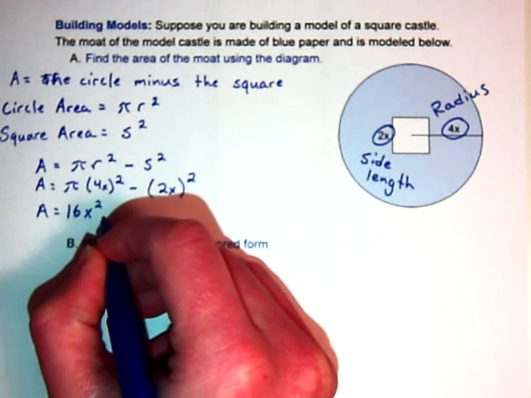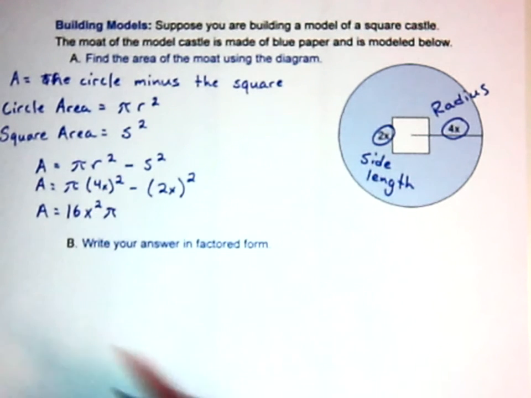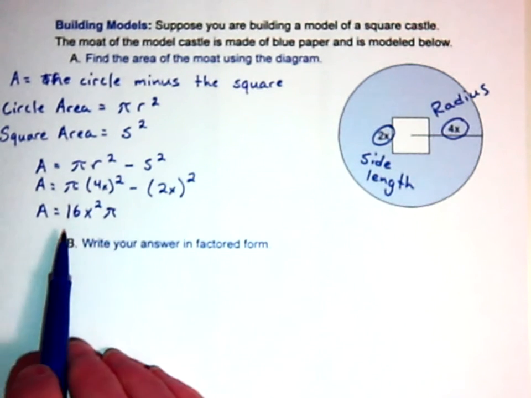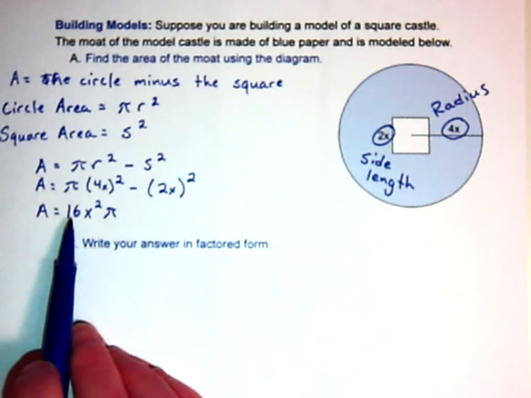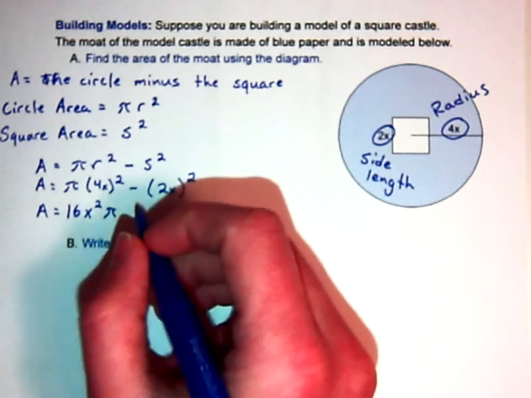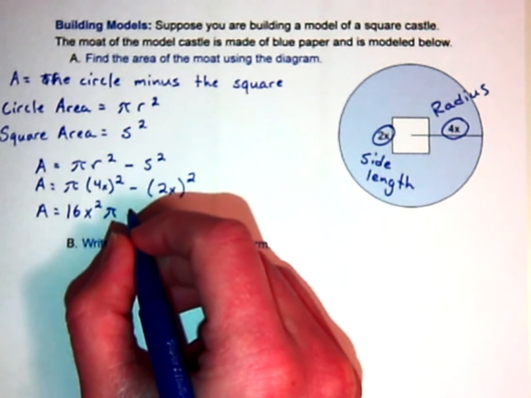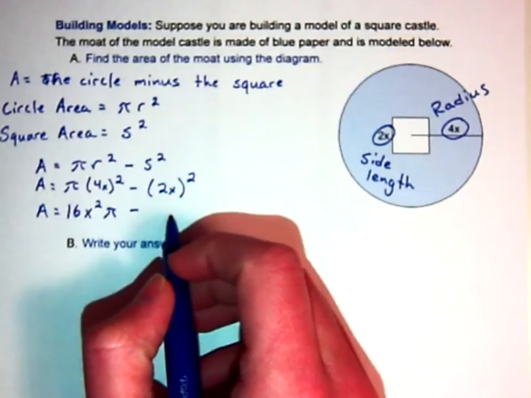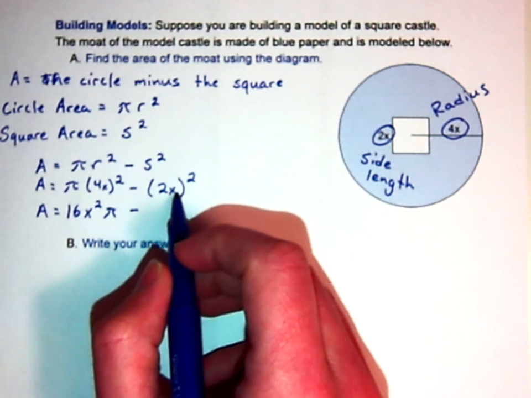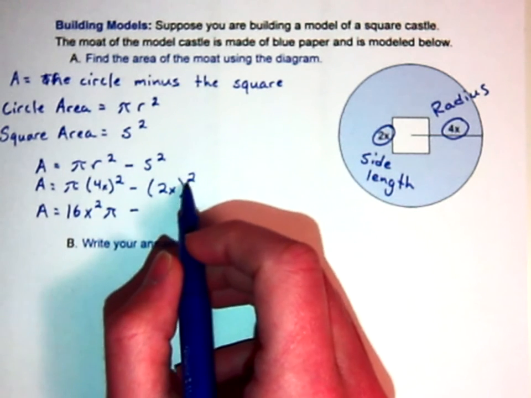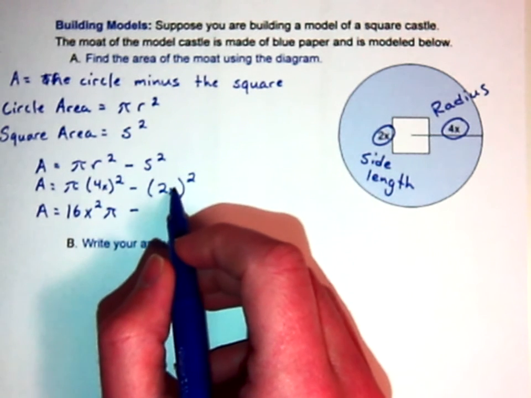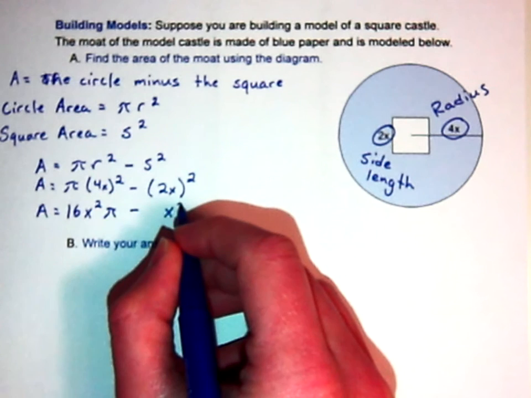Then I'm going to put my pi there, using the commutative property. I like to have my coefficients out front, but it can go in any order. Then we have minus 2x to the second power. That square goes to the x, so it's going to be x to the second power.